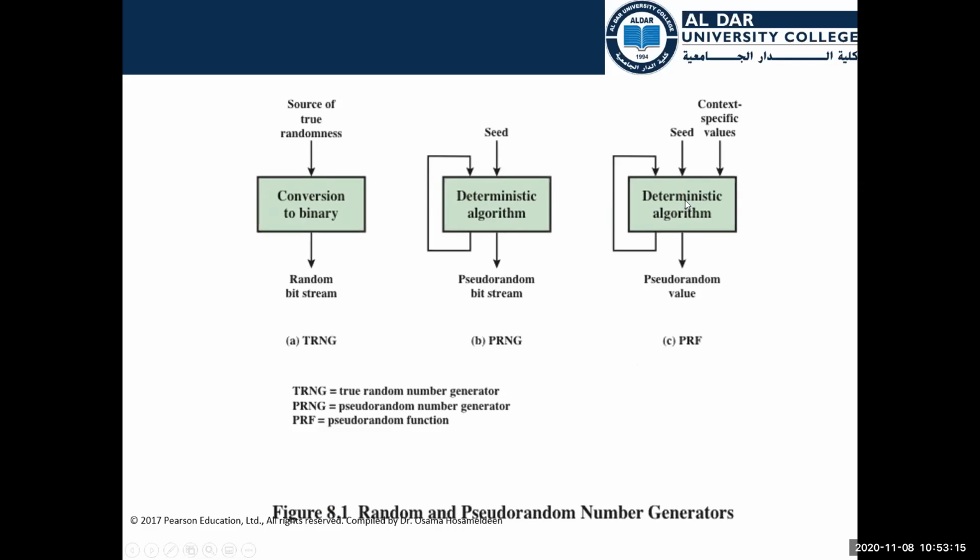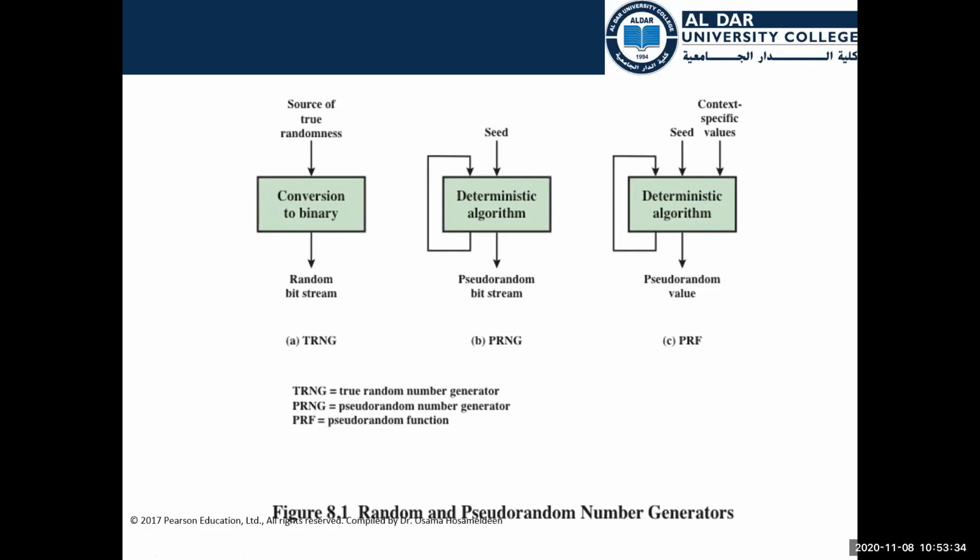And the last one is also using a deterministic algorithm, but this is not using an algorithm, it uses a function. So we call this a pseudo random function.